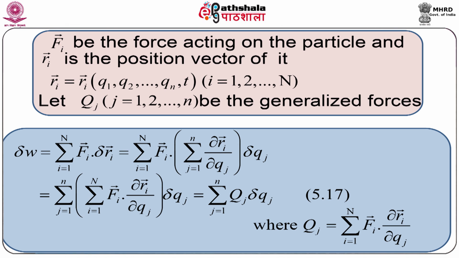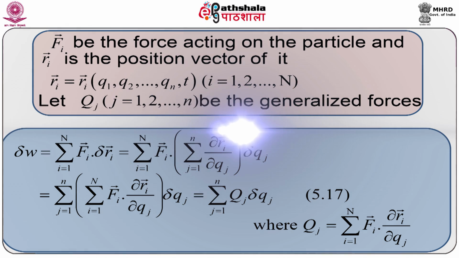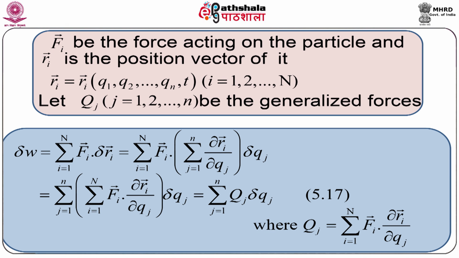Then delta W, the virtual work done due to virtual displacements delta r_i vector at time t, is given by summation i equal to 1 to capital N of F_i vector dot delta r_i vector, equal to summation over i equal to 1 to capital N of F_i vector dot summation over j equal to 1 to small n of del r_i vector by del q_j delta q_j, equal to summation over j equal to 1 to n summation over i equal to 1 to capital N of capital F_i vector dot del r_i vector by del q_j delta q_j.